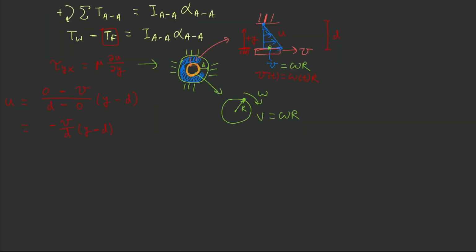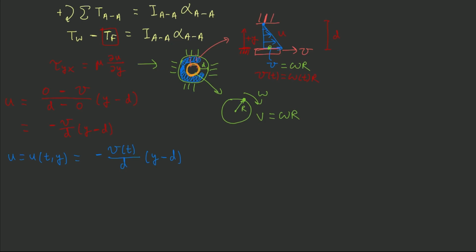And now that we have our velocity profile little u, it's worth noting that little u is a function of both time and y. That's because it is equal to negative U, which is a function of time, over d times (y minus d). So here's our y dependence, here's our time dependence. Okay? So now with that, we can use the time-dependent form of Newton's law of viscosity to determine the shear stress distribution within the fluid.